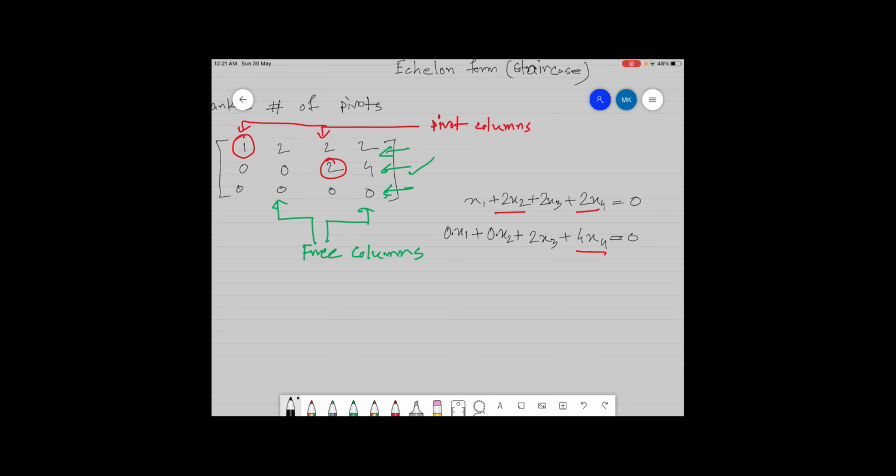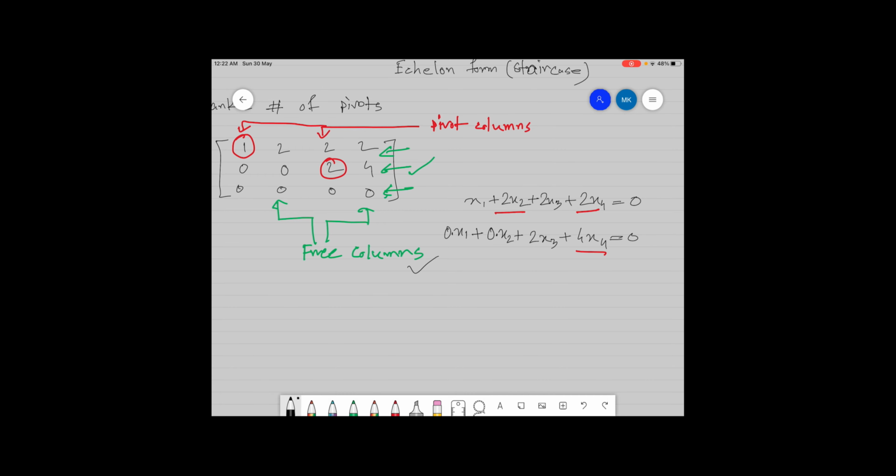Now when we have free columns, how do we solve them? As I said, the free columns are named free columns because we can assign any value to these unknowns freely. But the convention is to assign 0 and 1 to the free columns while evaluating those unknowns.